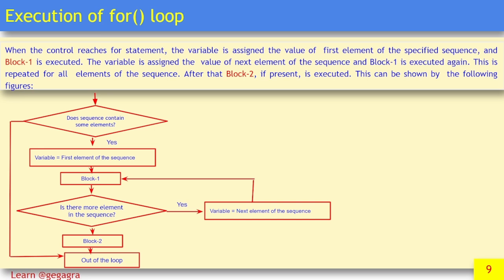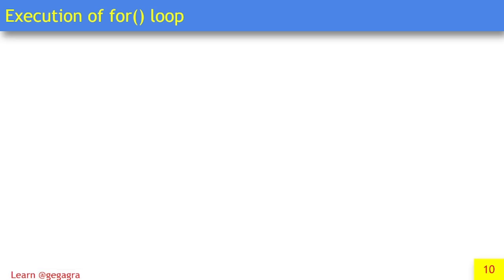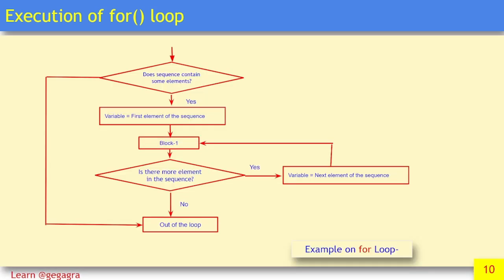Now the next one. Here again, the same: does the sequence contain some elements? If yes, then the variable is equal to the first element of the sequence, and then it will execute block 1, and again it will check, are there more elements in the sequence?